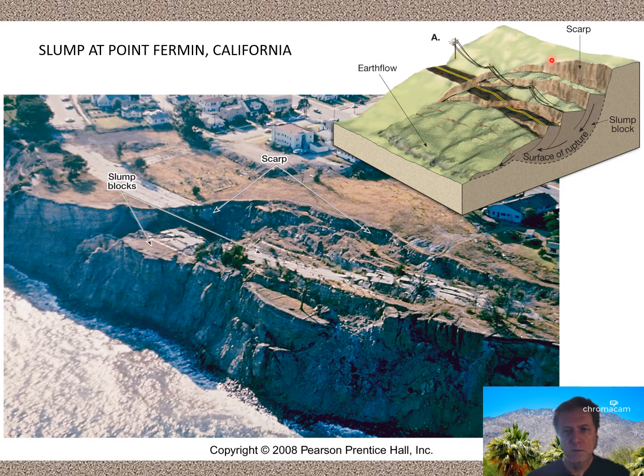And as moisture migrates from the top through the middle towards the bottom, it forms a very wet mass of earth that we call an earth flow. So slump, earth flow. But what's happening here is that we have an additional factor of the ocean coming in and undercutting these blocks and really making it unstable.